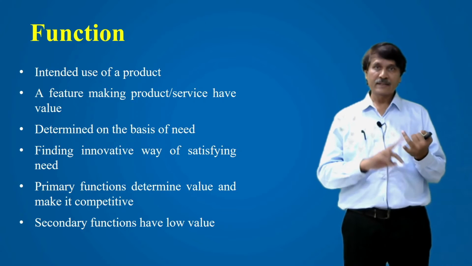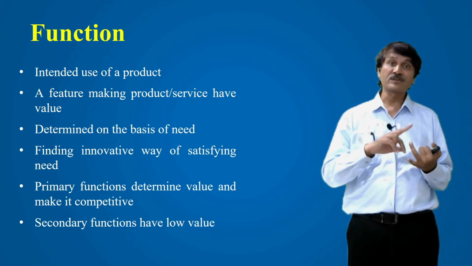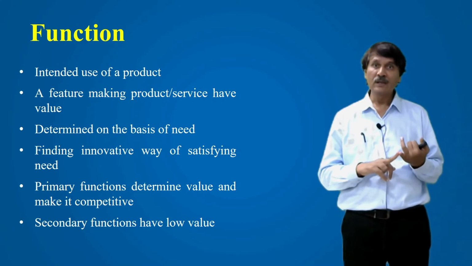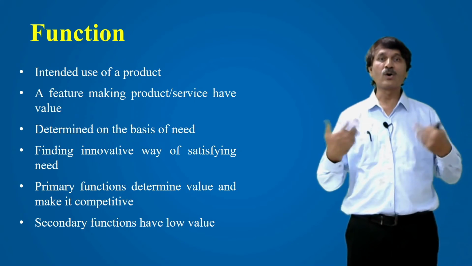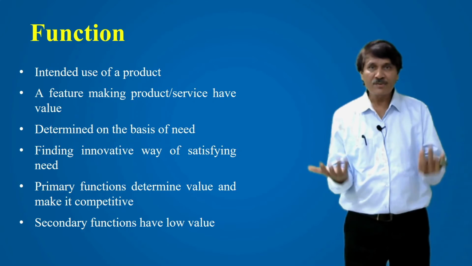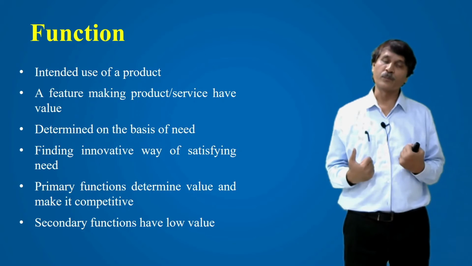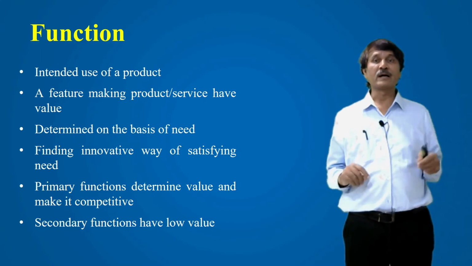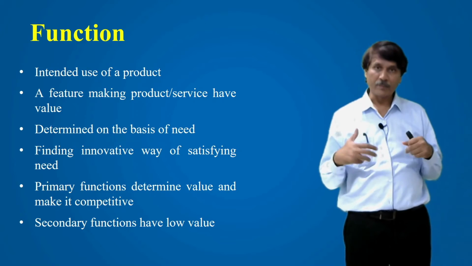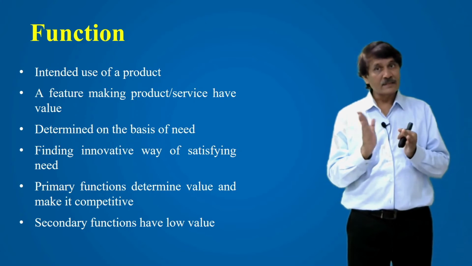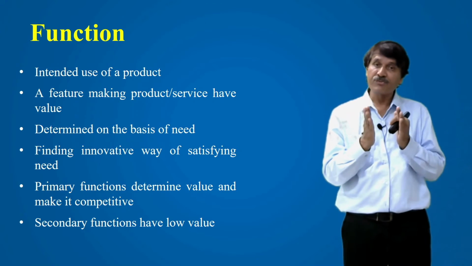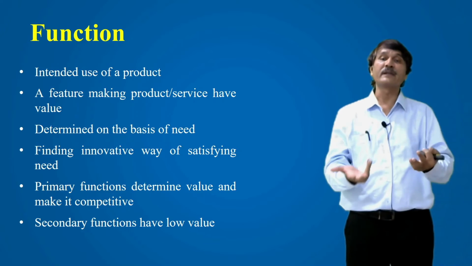Another thing, a feature making a product or service have value, determined on the basis of need, finding an innovative way of satisfying need. Primary functions determine value and make it competitive. That is, you can have two types of functions: primary functions and secondary functions. Primary functions are the functions for which the product has been made.